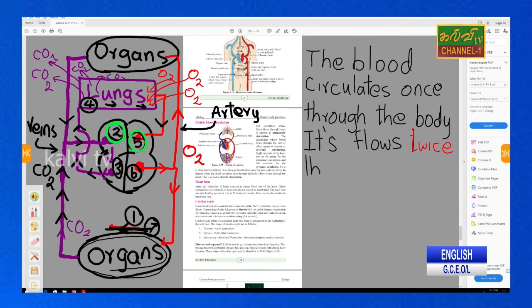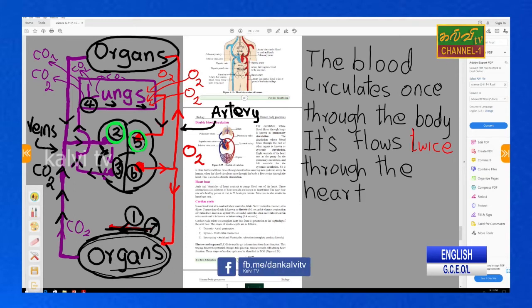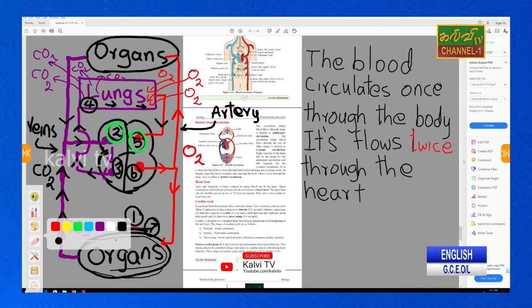Through the heart. Right? In this diagram, you can clearly understand when it's transferred. When it circulates once, they mention the once. This is once.